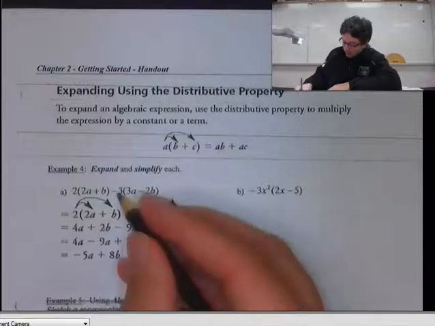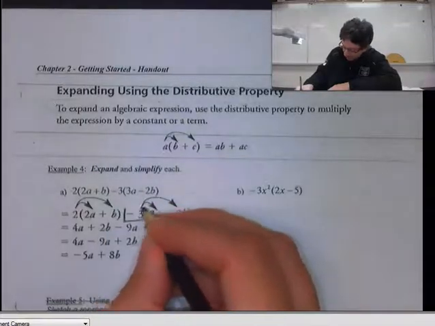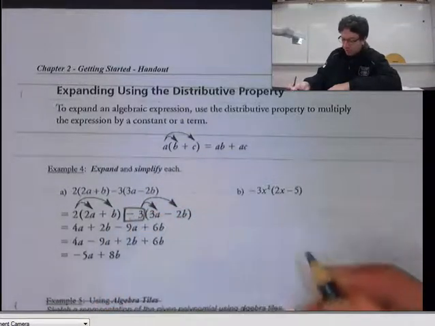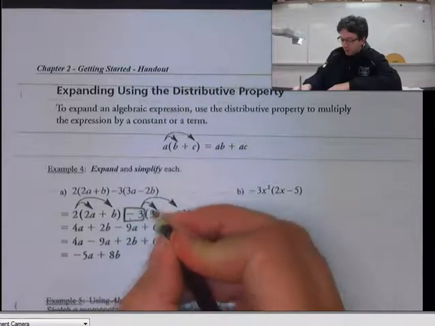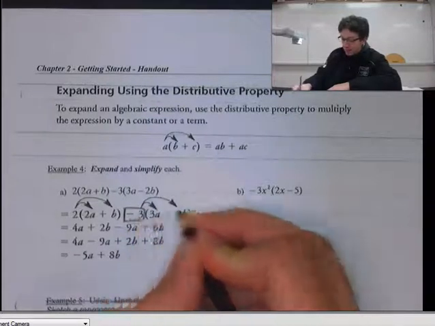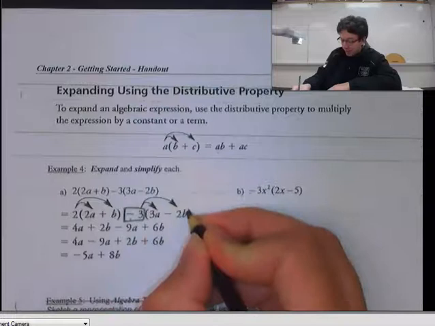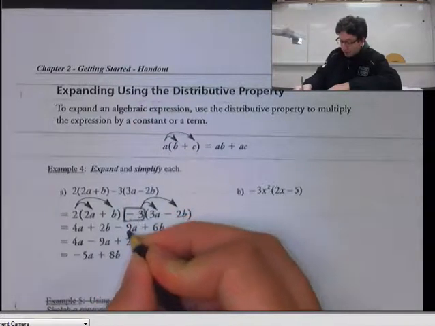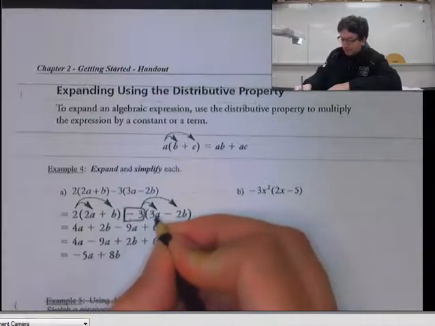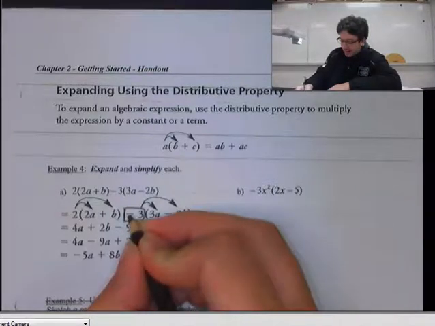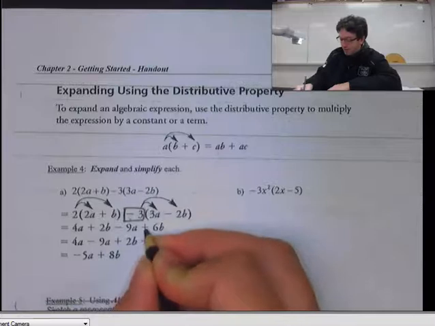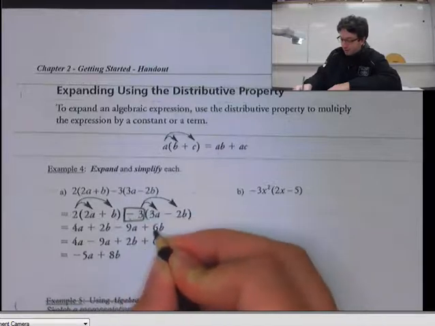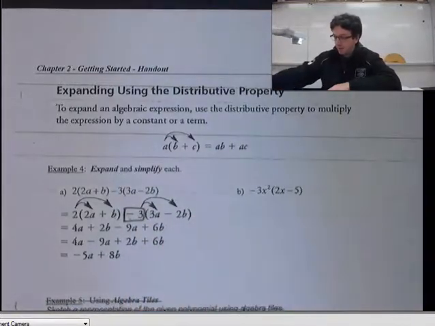The negative 3, and this is important, that negative is with the 3. You're not just multiplying 3 into every term. You need to multiply every term by negative 3. So negative 3 times positive 3 gives you negative 9, and then you still have that a term. Again, a negative and a negative gives you a positive. 3 times 2 is 6, and we have that b term there.